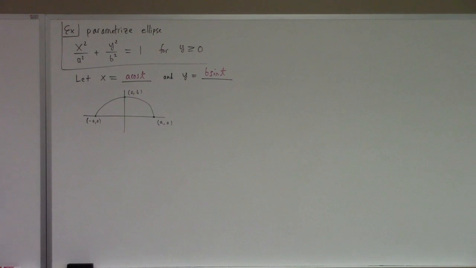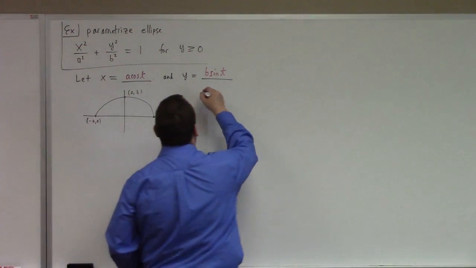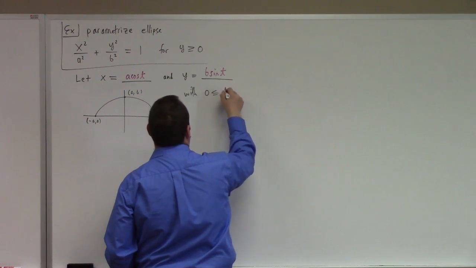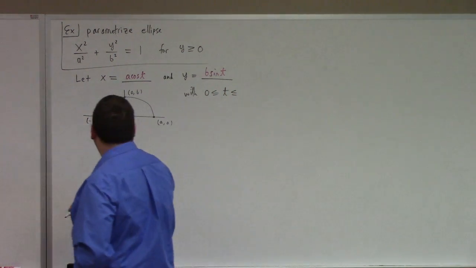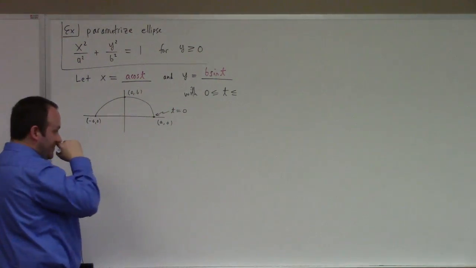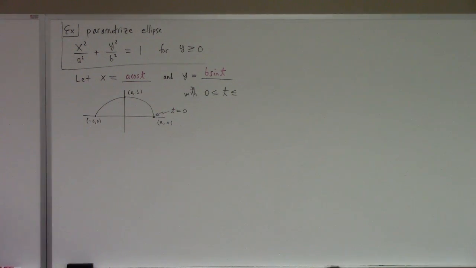So what range of t do we want to let be the parameter domain? I'll start us out: 0 less than or equal to t, less than or equal to what? t equals 0 produces (a, 0) if you plug it in, right?